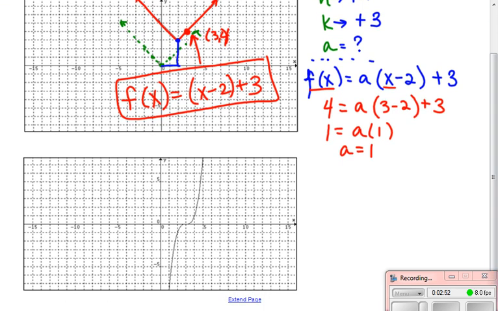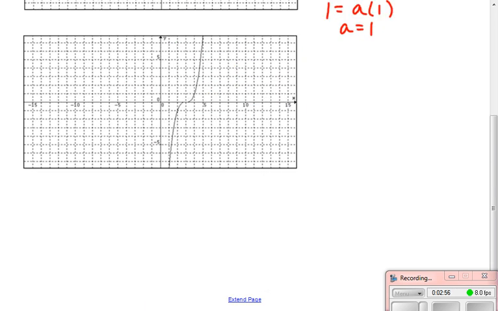So if I go on to this next example, my parent here is the cubic because it's got that swoosh in it. So again, I want to look at what happens to h and k.